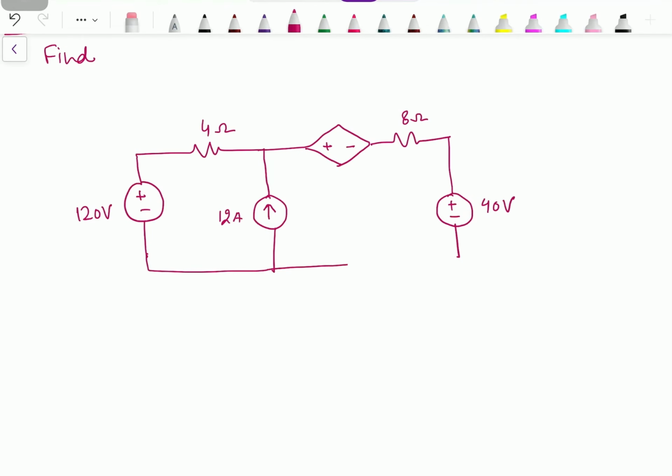So in total we have four sources. The current through this 4 ohm resistance is IY.